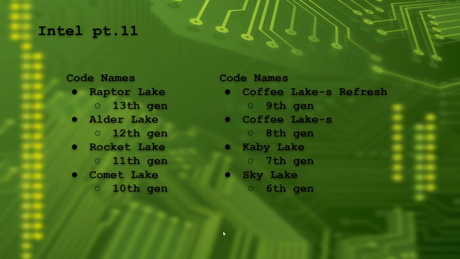Intel Part 11. You might hear people refer to their CPU as an Alder Lake i7. This is just a way of determining the generation or microarchitecture. Microarchitecture is the actual silicon components put on the die.